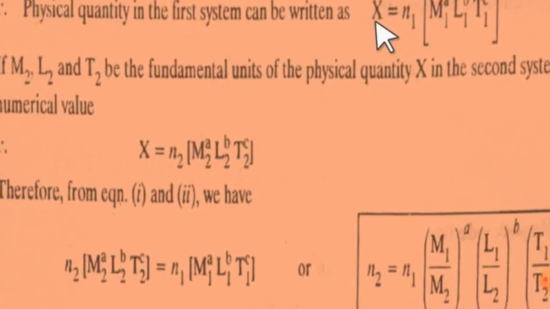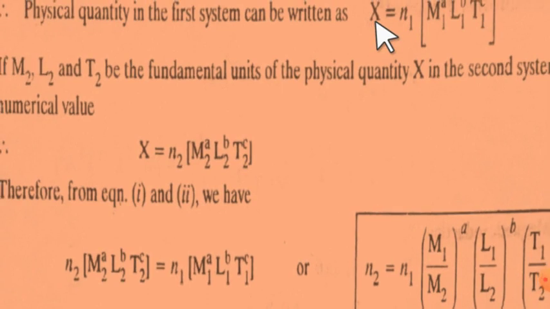For example, if it is force, then the dimension is M L T inverse square, and that will remain the same whenever you change from one system of units to another.